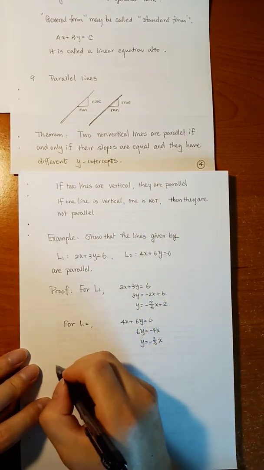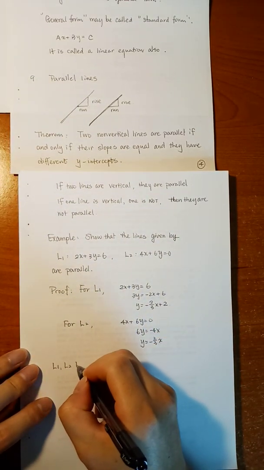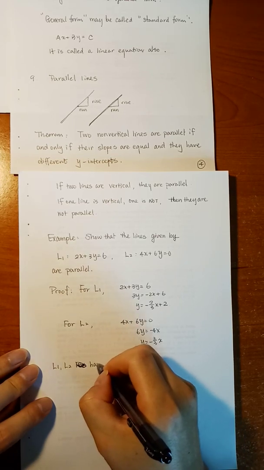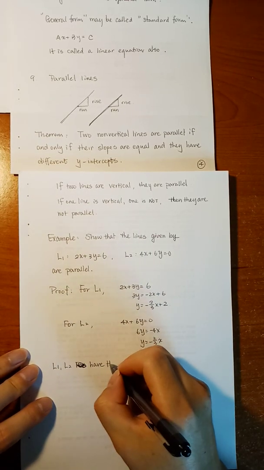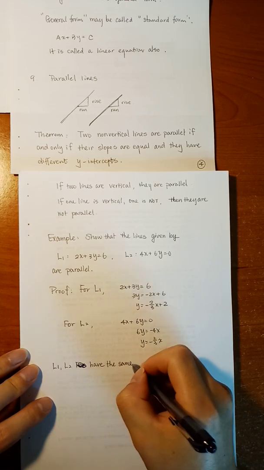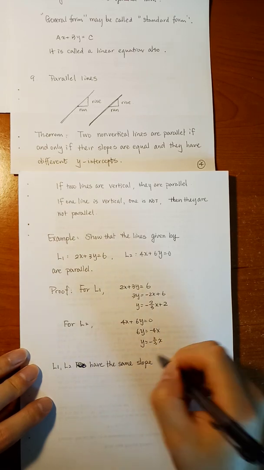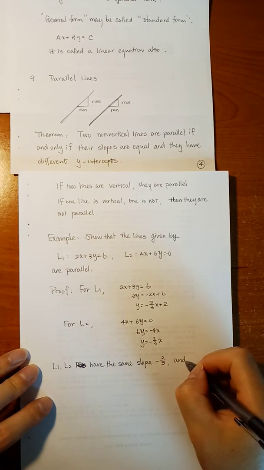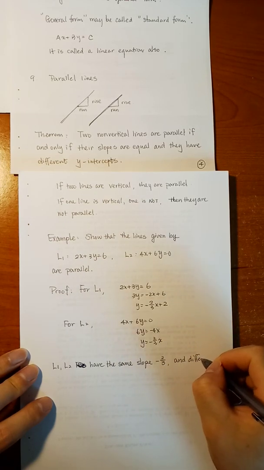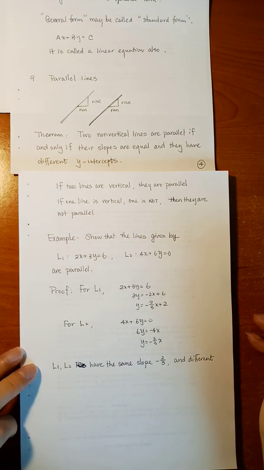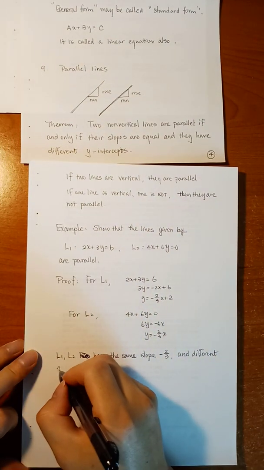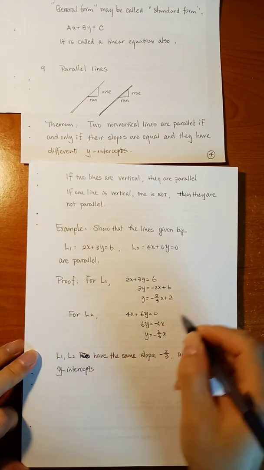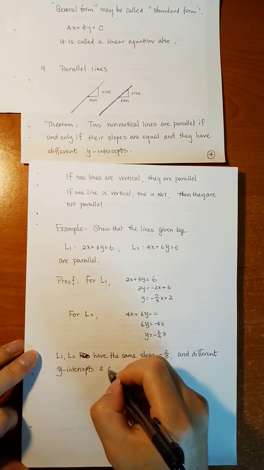So L1, L2 have the same slope, negative 2/3, and different y-intercept. Y-intercept 2 and 0.